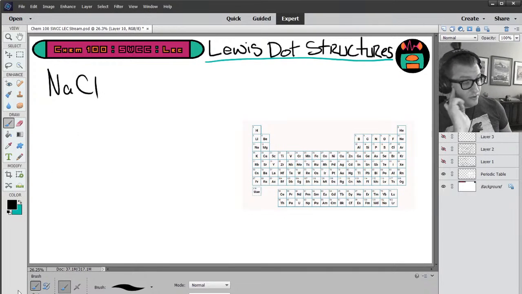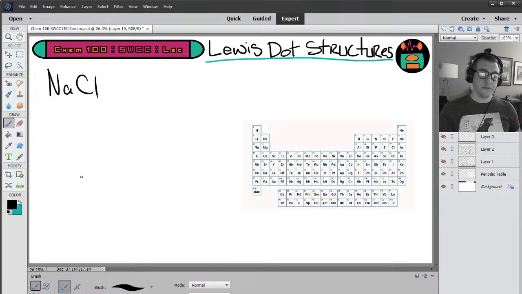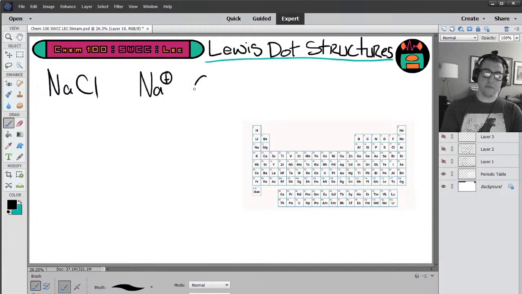This is an ionic compound. You could name it if I asked you. I mean, I just said what its name was, but you could, if you needed to. And so we've got a sodium cation. We can figure this out from looking at the periodic table, and a chloride anion.